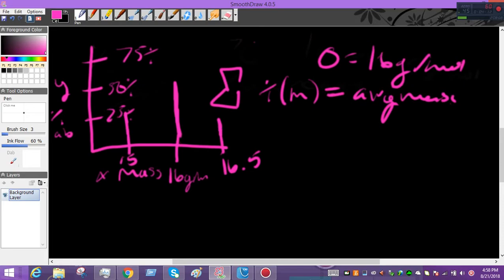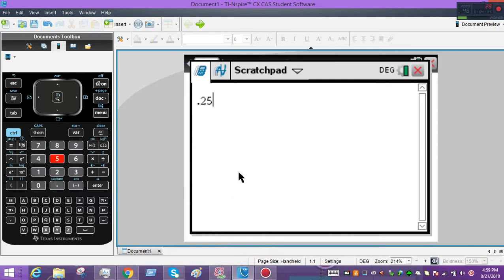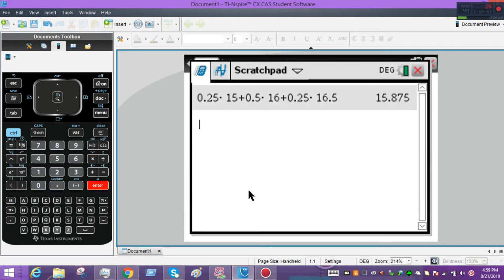So we do 0.25 times 15 plus 0.5 times 16 plus 0.25 times 16.5. Using the calculator, we would have an average mass of 15.875.